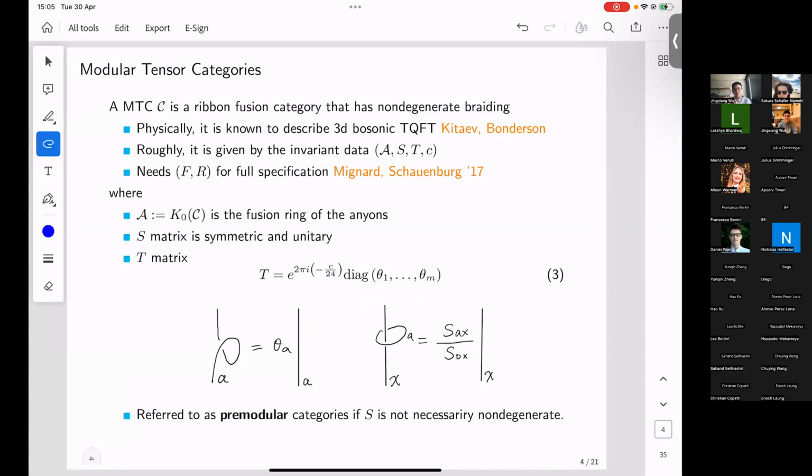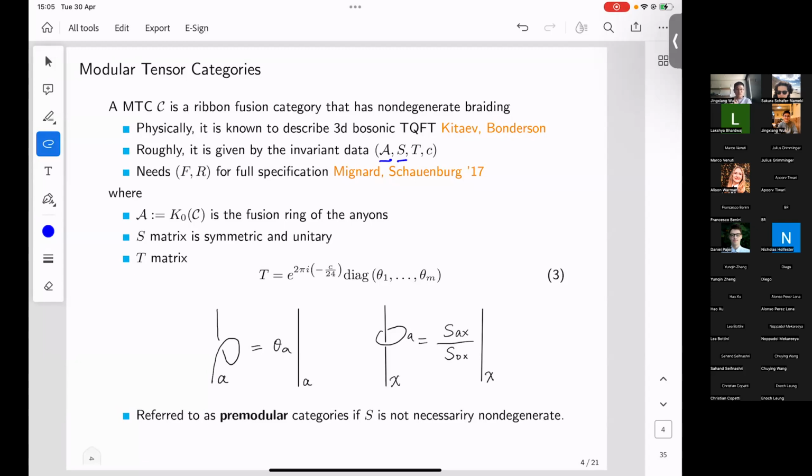The simplest way to describe it is to use a fusion algebra, which describes the fusion of anyons. You also need to tell me how the anyons are braiding with each other, which is the S matrix, and how anyons twist, which is the T matrix, together with the central charge.